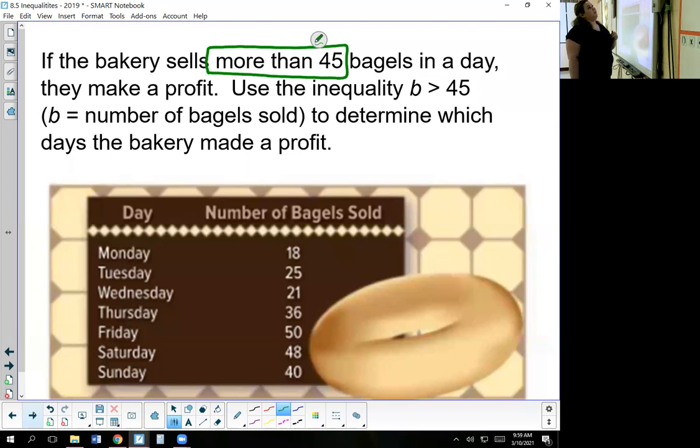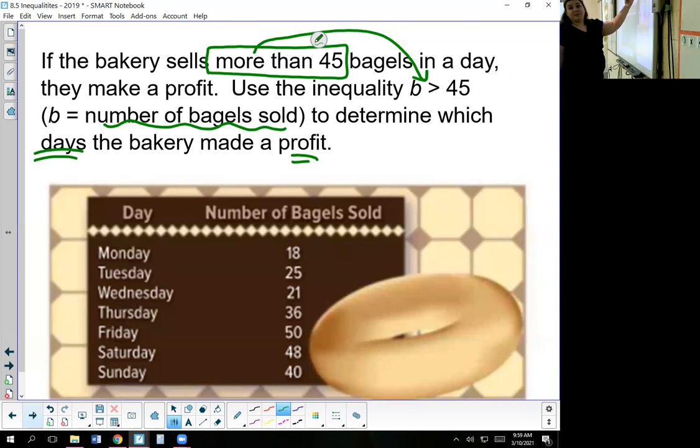Use the inequality, B greater than 45, B meaning the number of bagels sold, in order to determine which days they are making a profit. So more than 45, we're going to get to this part where we're going to write the inequality. You should see now the relationship between that. So B greater than 45 are all the days that I'm going to select.